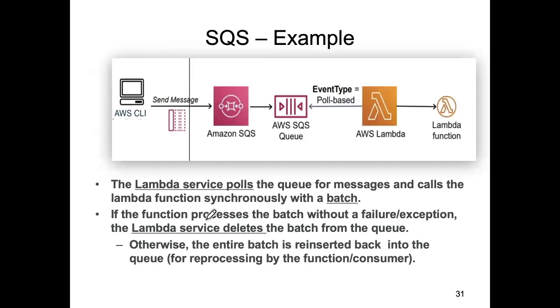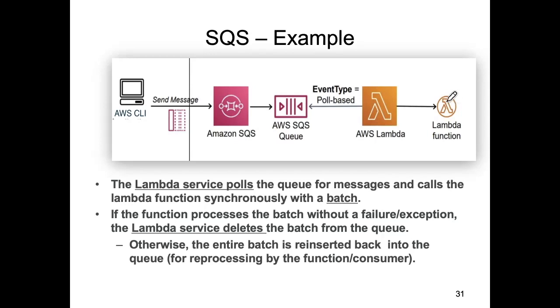Simple example. In this example, I'm going to create an SQS queue. I'm going to have a Lambda that reads messages off of that queue. Well, my Lambda is over here. So this is my consumer, and I said the consumer polls SQS, asking it, are there any messages on the queue?